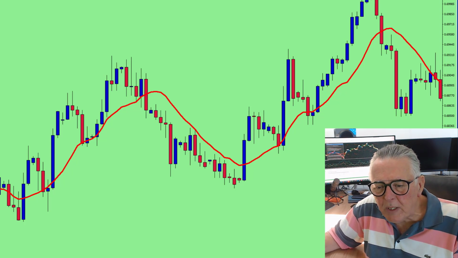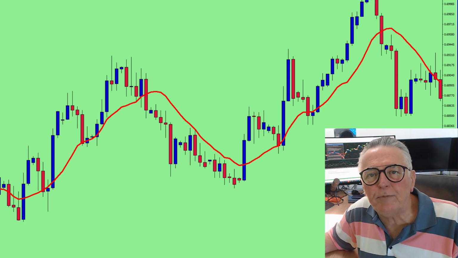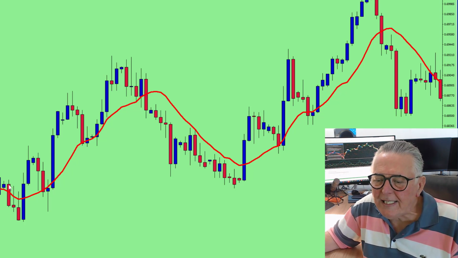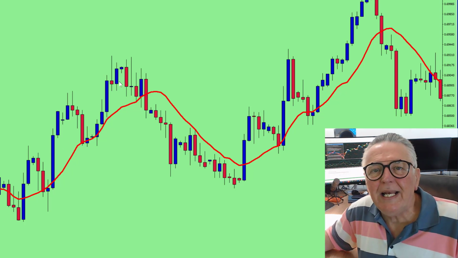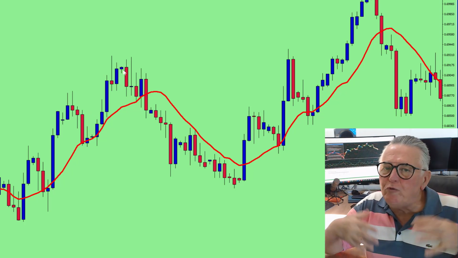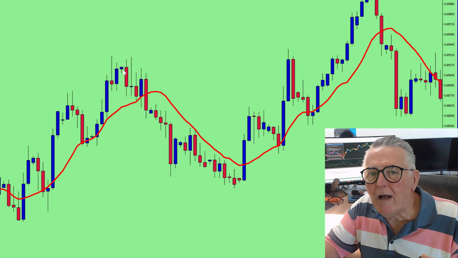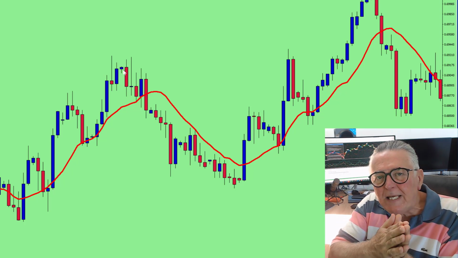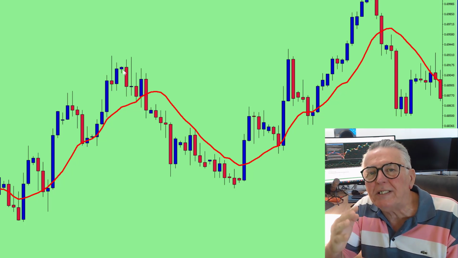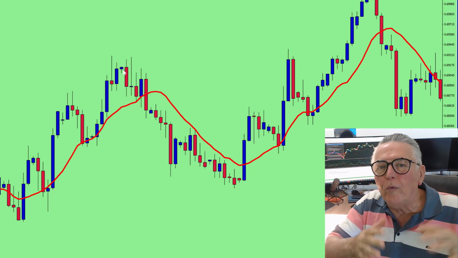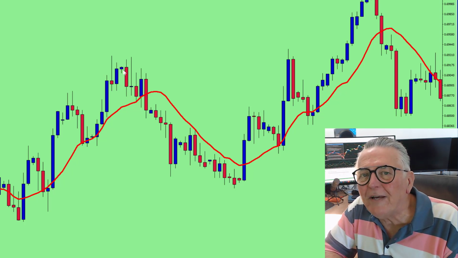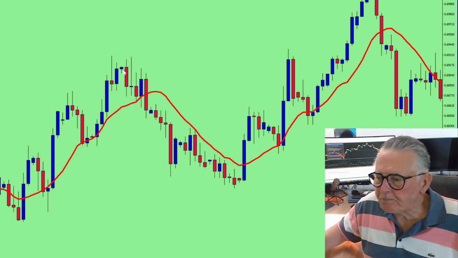So anything below the line is regarded as being bearish or in a sell phase, and anything above the line, as you can see, is in a buy phase. So moving averages have been very helpful for splitting the chart between the bull section and the bear section, or the buy phases and the sell phase, and that's why they've become very popular.